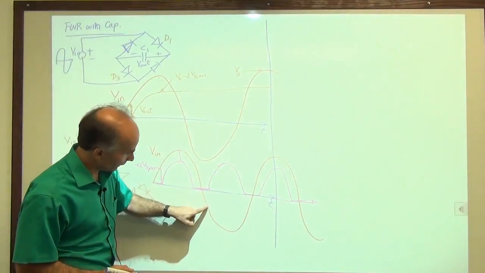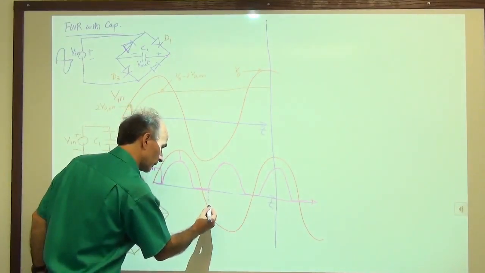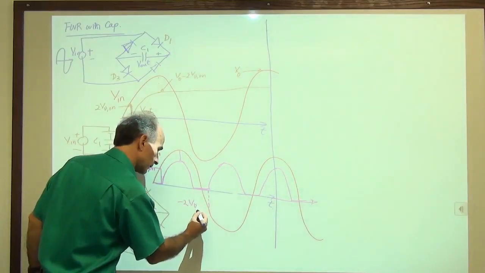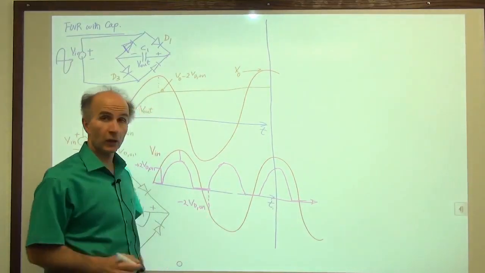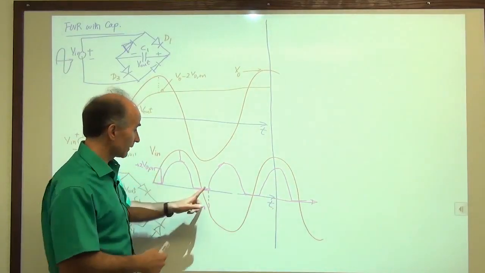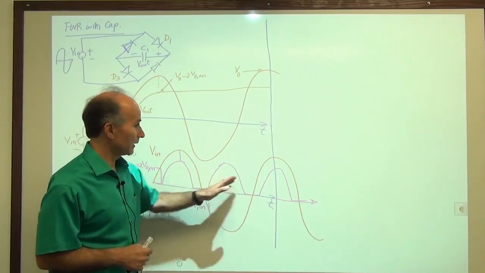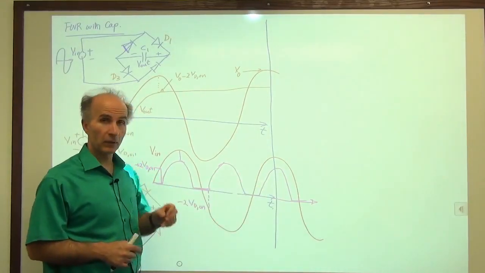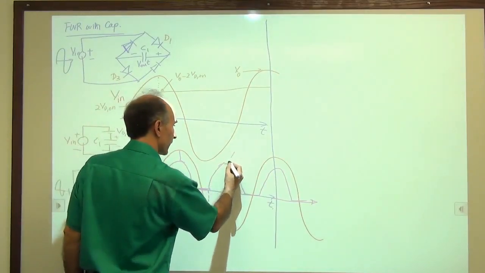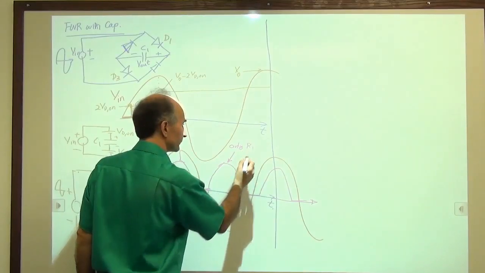Similarly, when the input becomes negative enough, so around here, when it's minus 2 VD on, then the other 2 diodes turn on, they negate the input and create an output like so. So that is the output behavior when we have only a load resistor. So we'll say only R1.